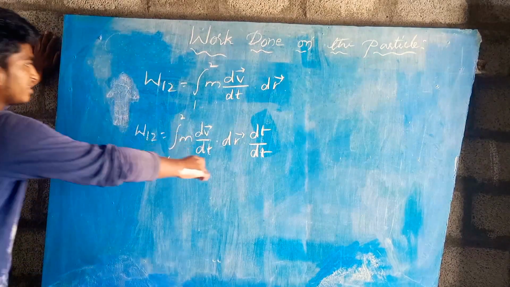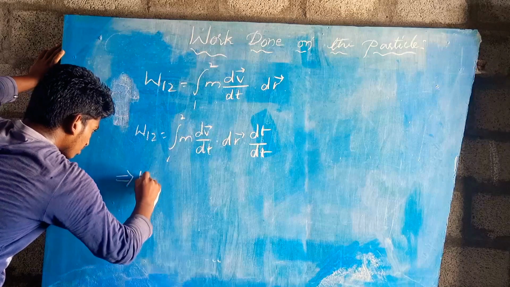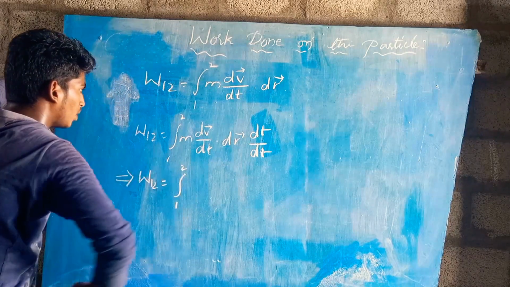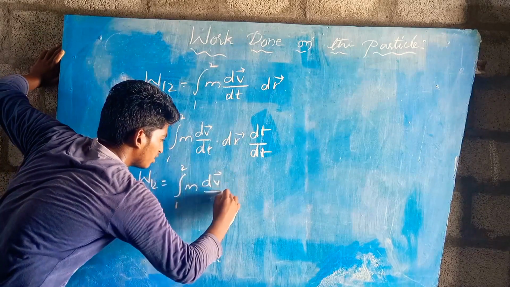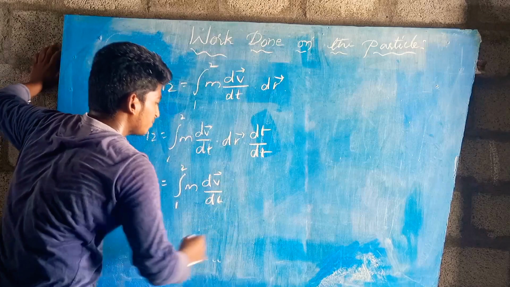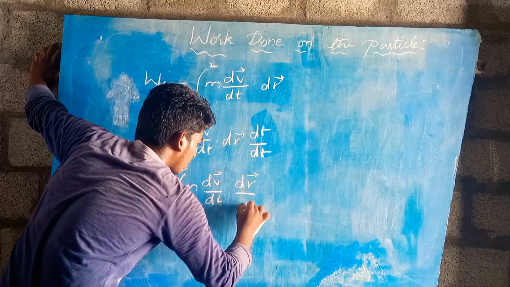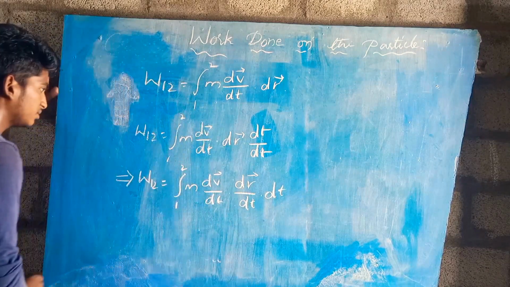By rewriting this equation, we get W12 is equal to integral 1 to 2 m dV by dt times dr by dt times dt.